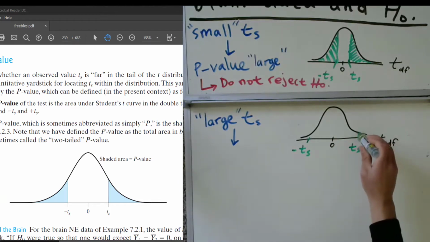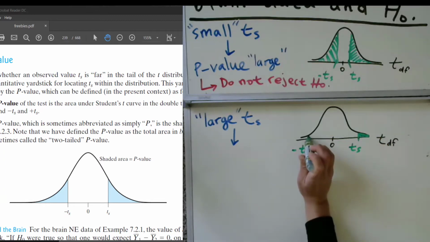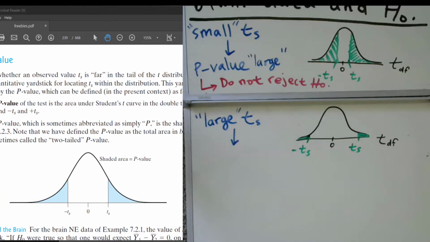This p-value is the area beyond the test statistic, further in the tail.